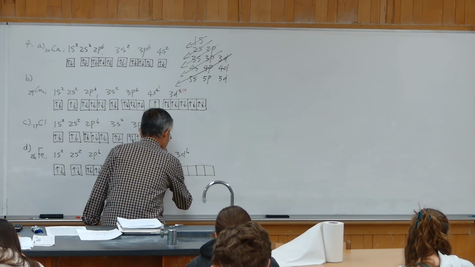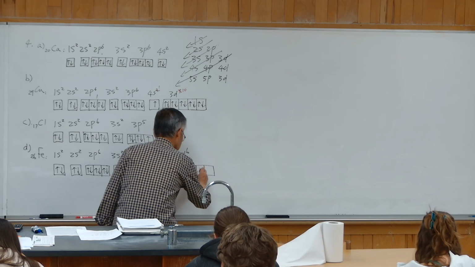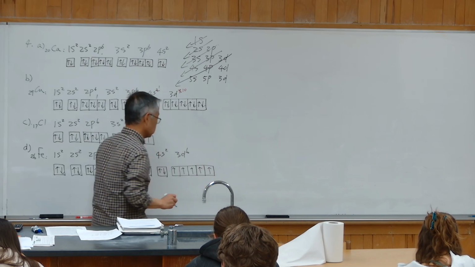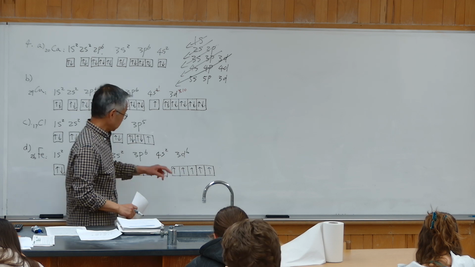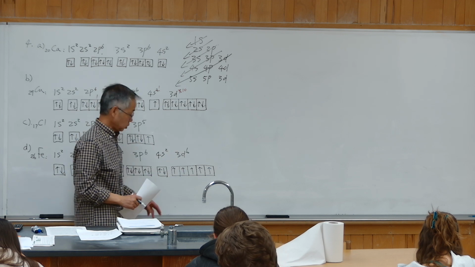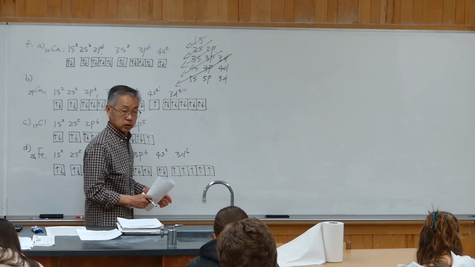Place 1 electron in each orbital first. Hund's rule requires the same spin direction. Then you have one more. One more you can place in any one of these 5, but with the opposite spin direction.